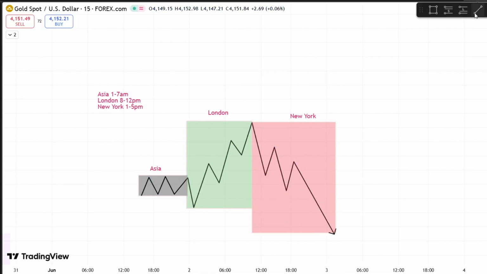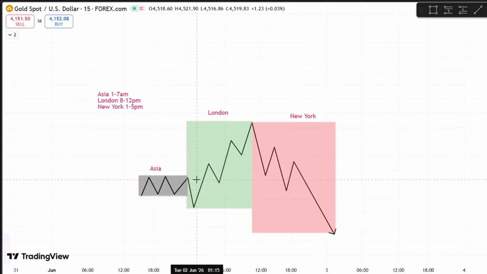What usually happens is that in this consolidation there is a lot of liquidity sitting in there. Whenever we have a sweep of these Asian lows, we usually have a reversal.